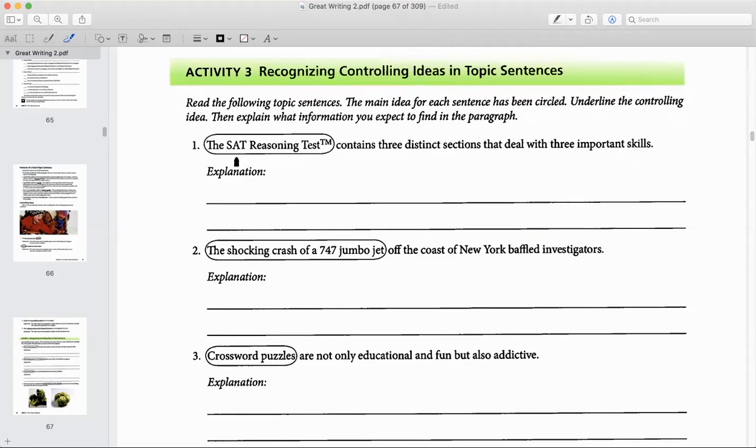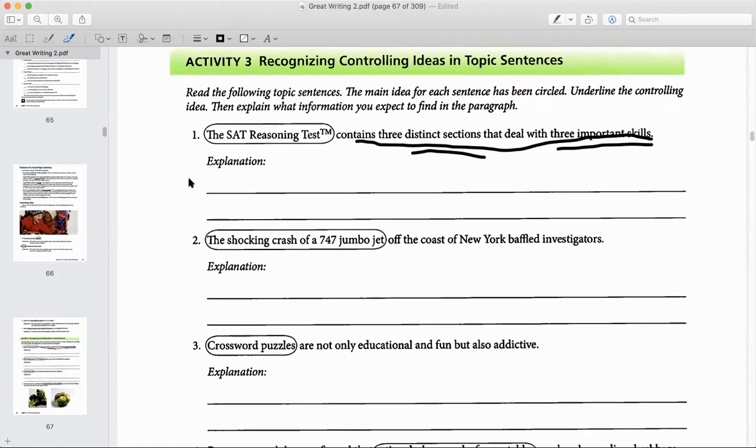So if we do this one, the SAT reasoning test, so this is like the American Suneung, contains 3 distinct sections that deal with 3 important skills. So basically this whole thing is going to be the controlling idea, specifically the 3 distinct sections and the skills that we'll talk about in the paragraph.